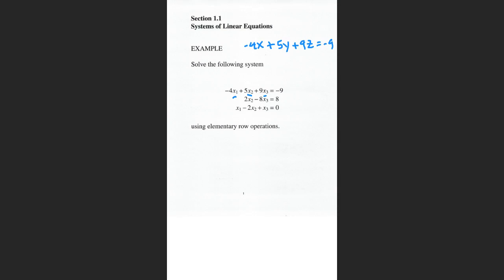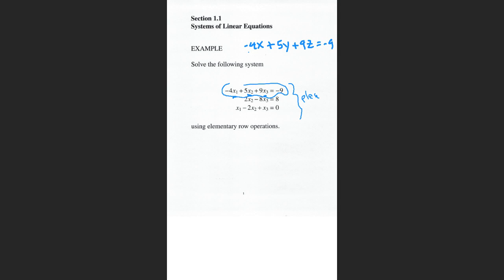All responses are helpful. It can't be a line. It has to be something else. A plane. That's right. These are all planes here. Good. Mikhail and Jonathan, that's right.